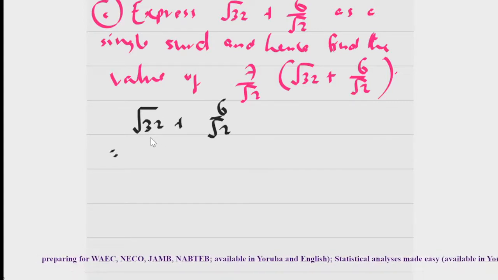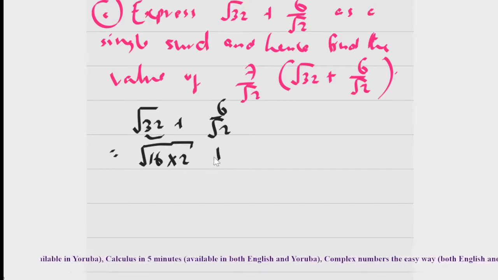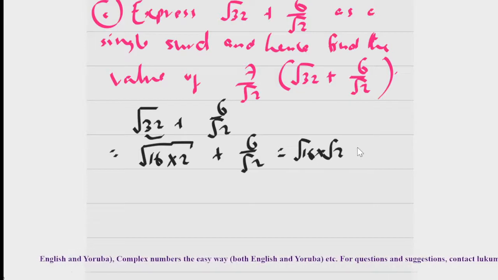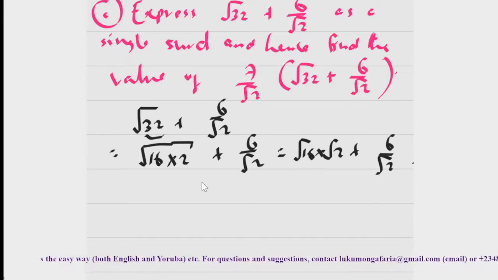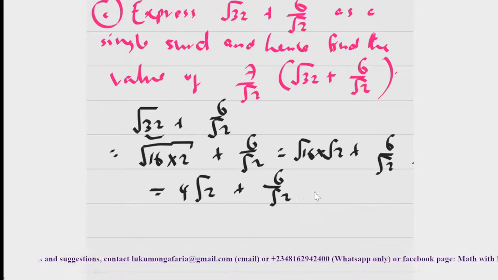If you express 32 as a product with two factors, where one of the factors is a perfect square, then I'm going to have root 16 multiplied by 2, plus 6 divided by root 2. That's going to give me root 16 multiplied by root 2 plus 6 divided by root 2. And what is root 16? That's going to give you 4 root 2 plus 6 divided by root 2.